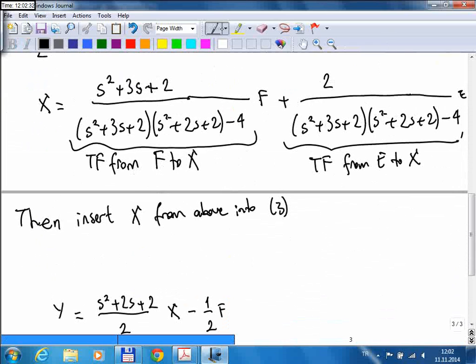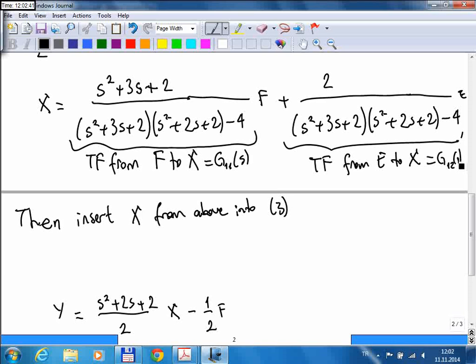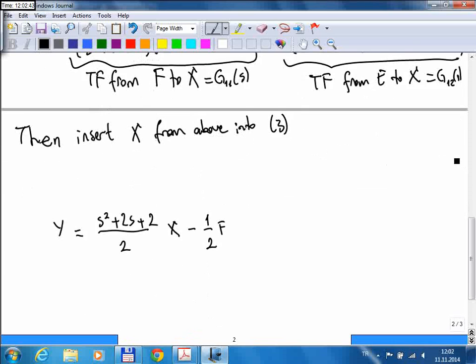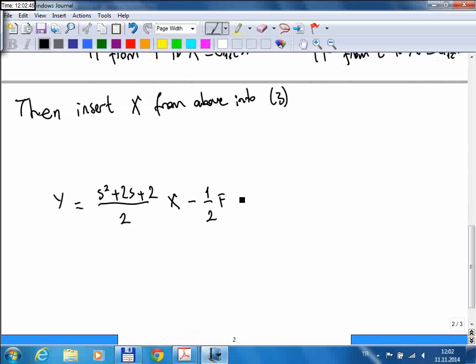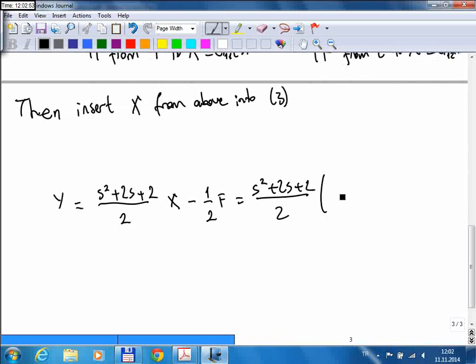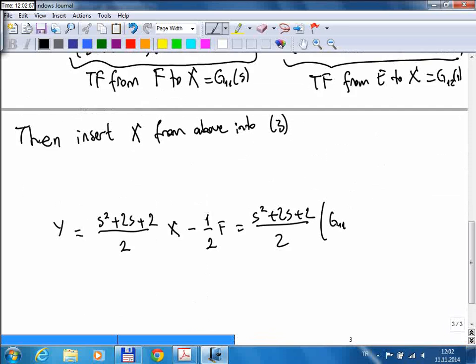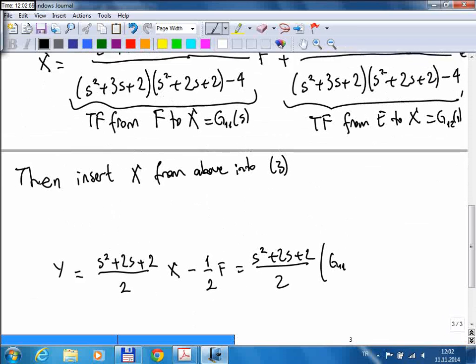Okay, so to make things easier, let me just call this G11 of S, and let me call this G12 of S, times F.